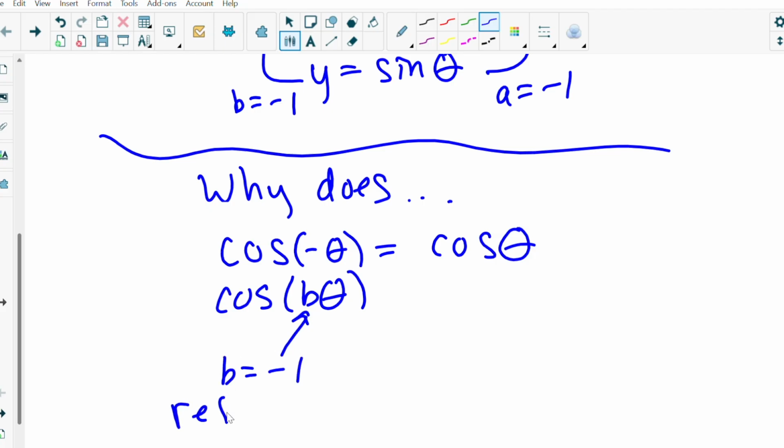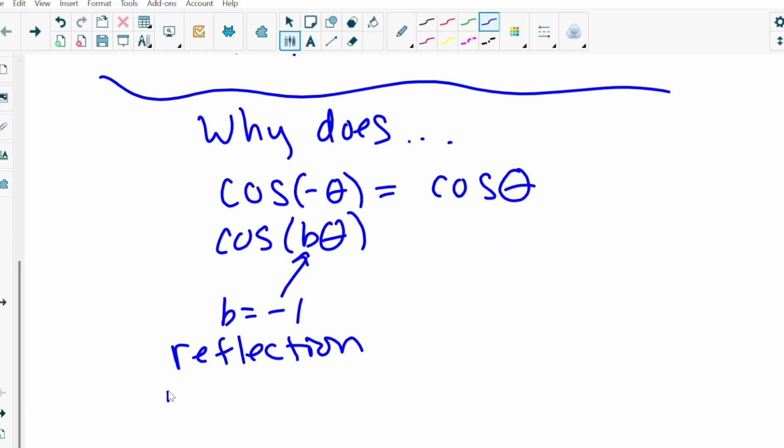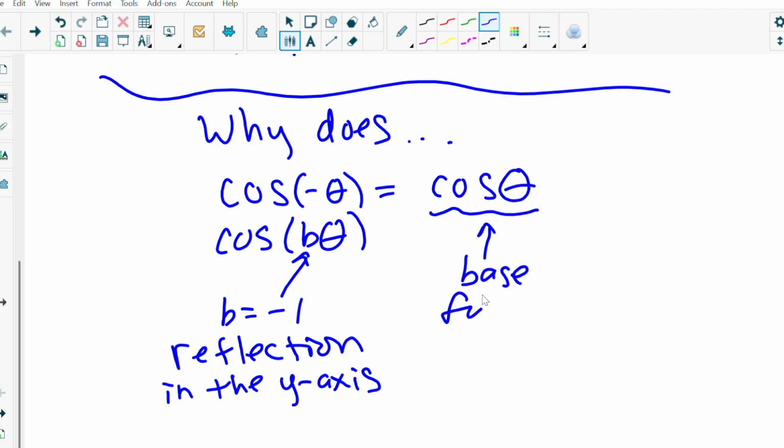That is a reflection in the y-axis. So we're using the y-axis as the mirror line reflecting cosine. Remember, cosine is our base function. This is just the base function with no transformations.